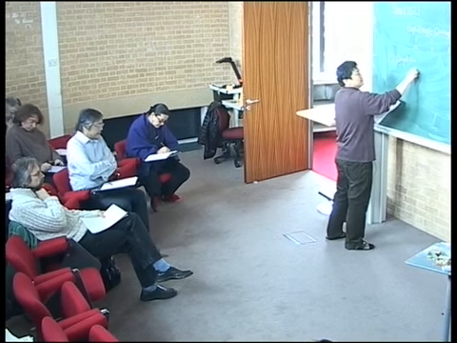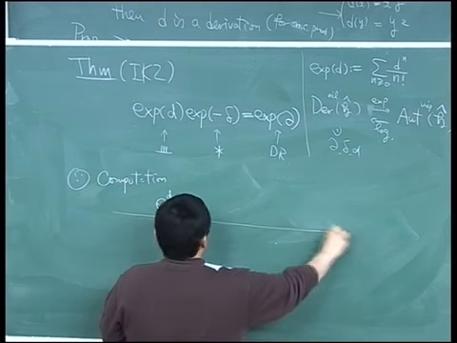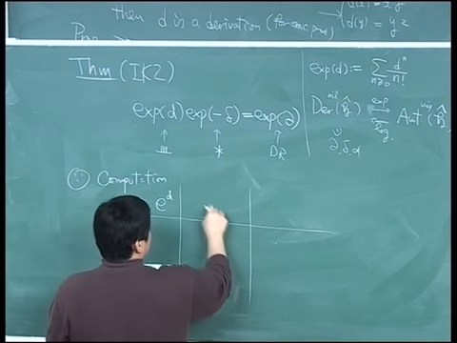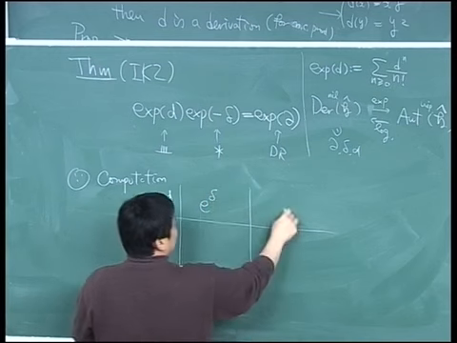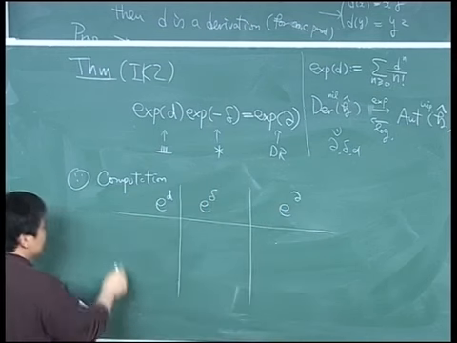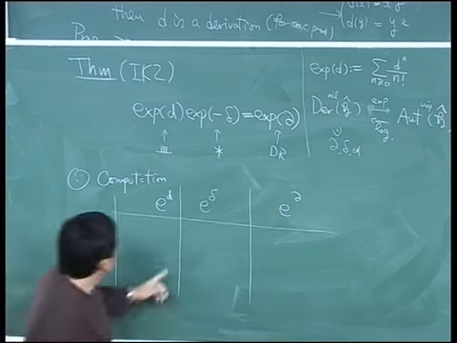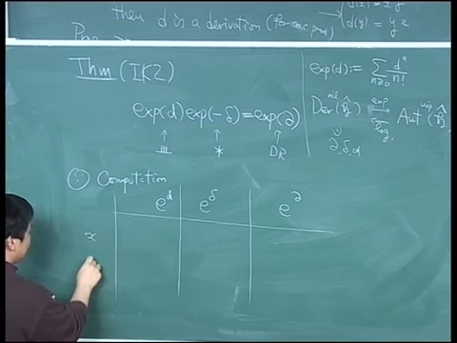So, this notation is better: e to the delta, e to the D. The image on x and y.